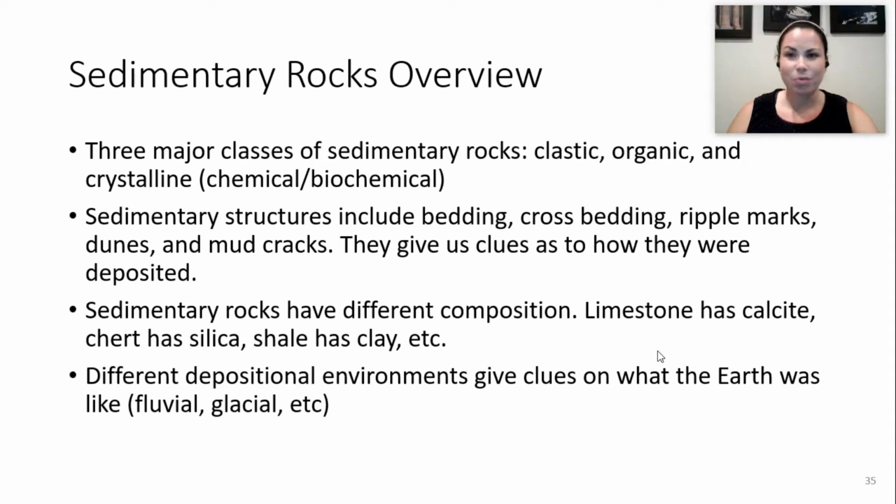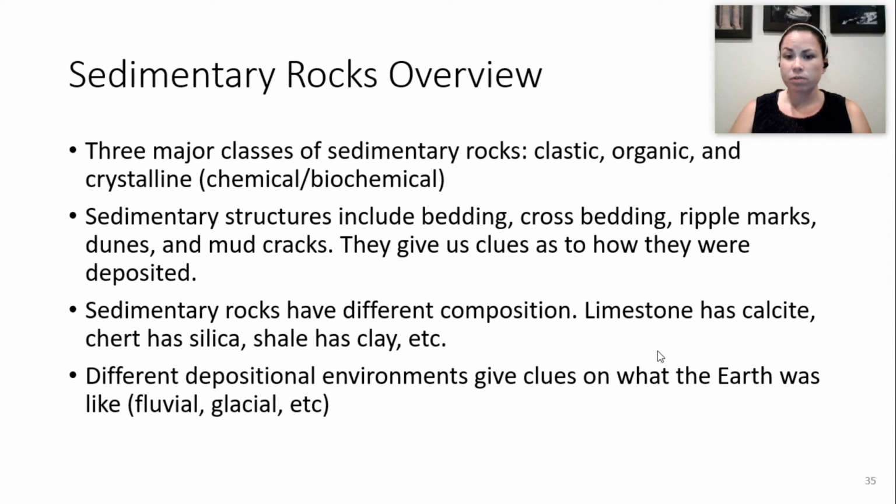Okay, so what did we learn? The three major classes of sedimentary rocks are clastic, organic, and crystalline. We looked at examples of all three. There are sedimentary structures that include bedding, cross-bedding, ripple marks, dunes, and mud cracks, and they give us clues to the past of how these rocks were deposited. Sedimentary rocks have different compositions, like how limestone has calcite, chert contains silica, shale has clay, and so on and so forth.